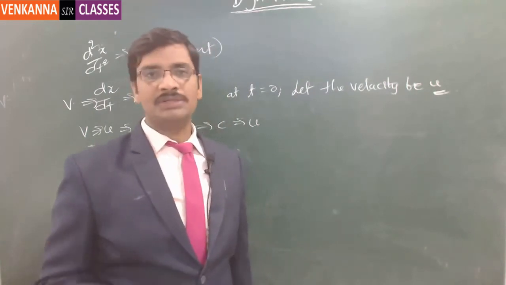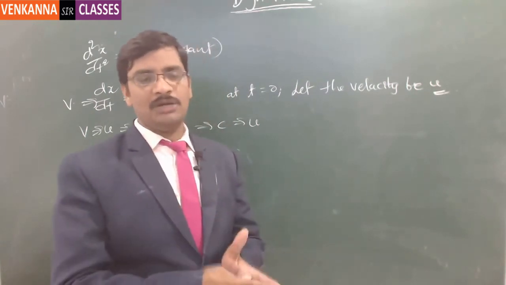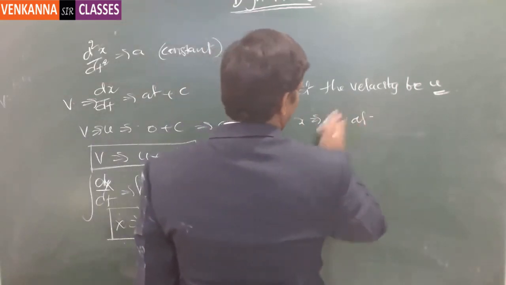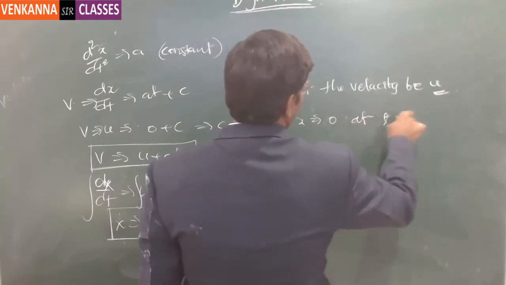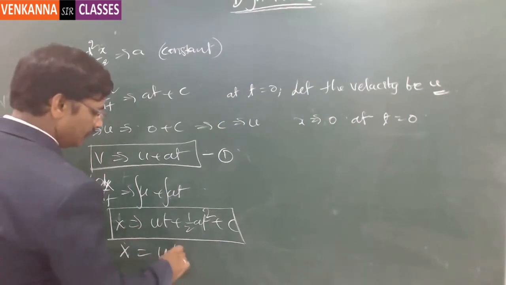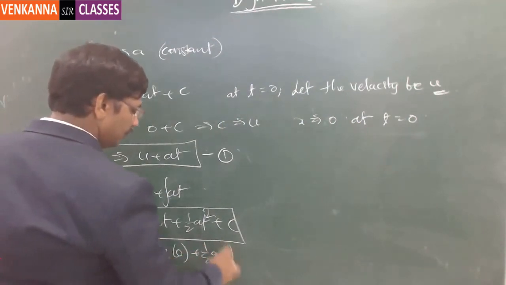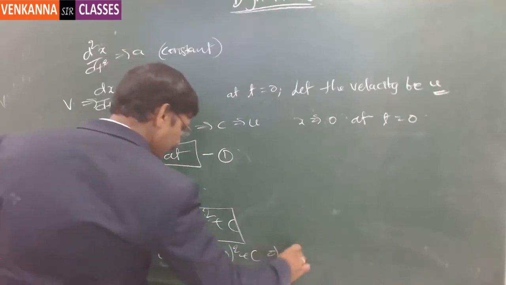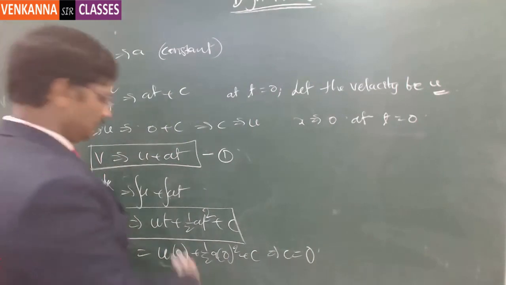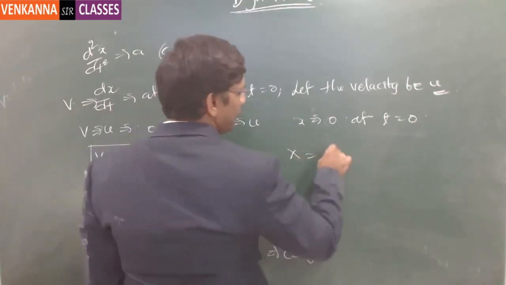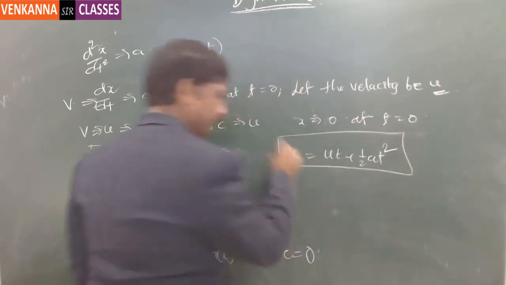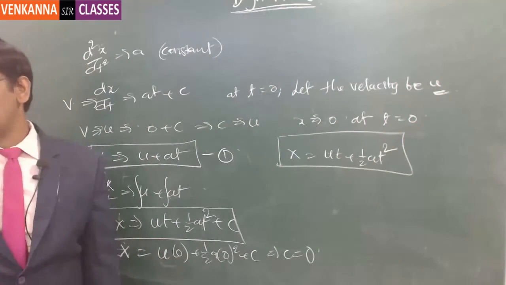So when we start, we count the displacement from that particular point, which means x is equal to 0 at t equal to 0. So if you replace that, x is equal to u into 0 plus half a into 0 square plus c, it implies c is equal to 0. So if you replace there, x is equal to ut plus half at square. This is the second important formula.